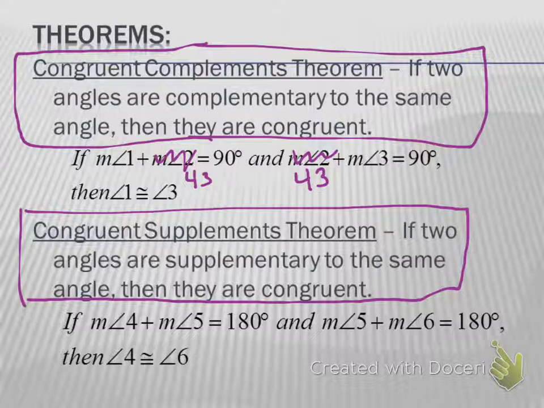What would you add to 43 to get 90? 47. Anyone getting 47? Anyone awake? All right, let's pick an easier one. What if angle 2 was 10 both times? What do 1 and 3 both have to be?